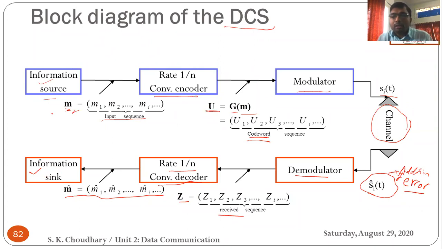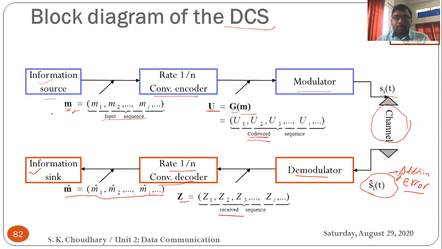So this is the whole cycle: generate the information, encode the information for security purposes, transmit this information in terms of signals, receive the signals, extract the data sequence from that, decode it because we have to recover the actual message, then finally sink this information, and our task is complete.